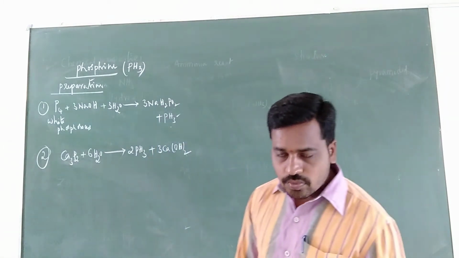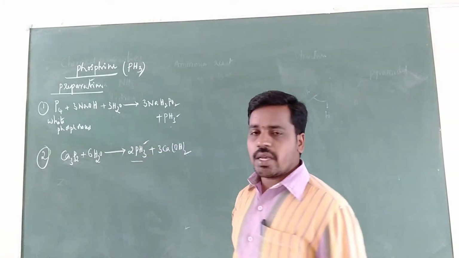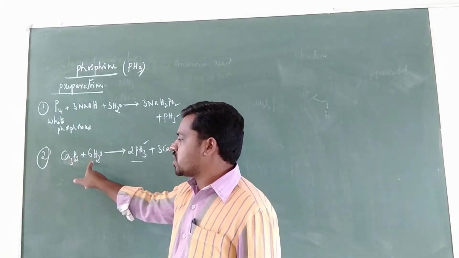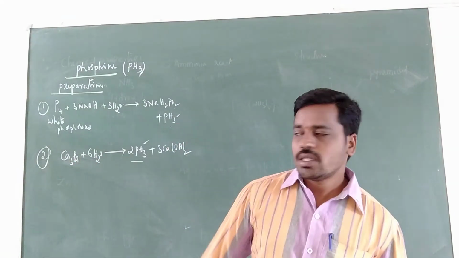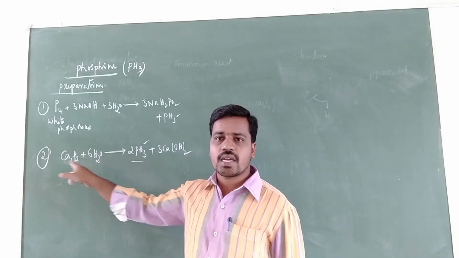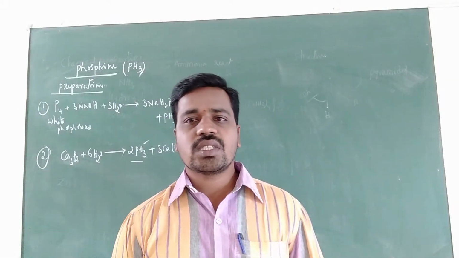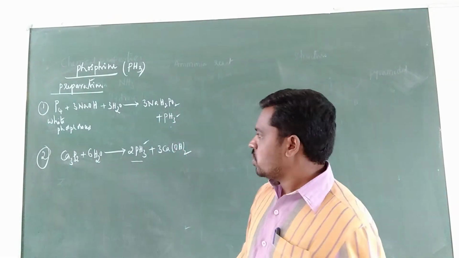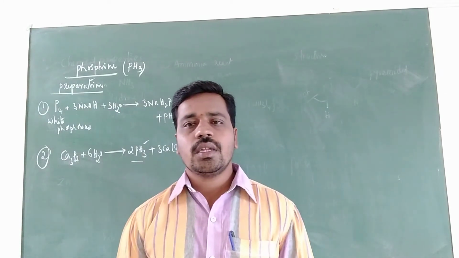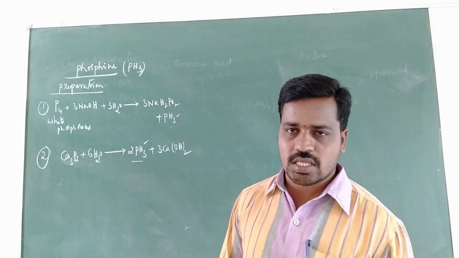That is the reaction which explains how to prepare phosphine from calcium phosphide on hydrolysis. Hydrolysis means reaction with water. So these are the two important preparation methods used to prepare phosphine, that is a poisonous gas.